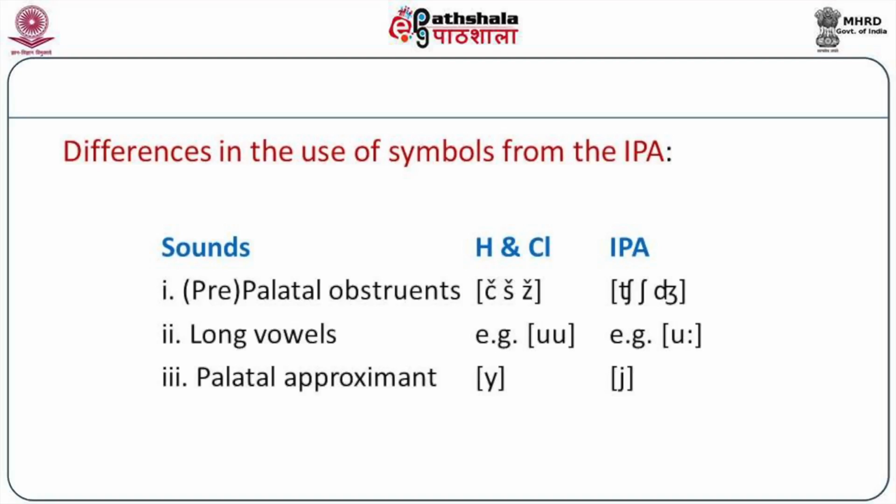These three types of sounds have different symbols. The important point to note is that long vowels are written with two occurrences of the vowel symbol, such as u, u, unlike in IPA, where they are written with the two dots, the colon dot. In all other respects, the symbols used are the same.